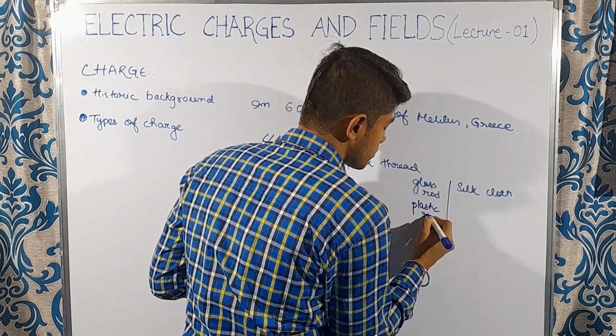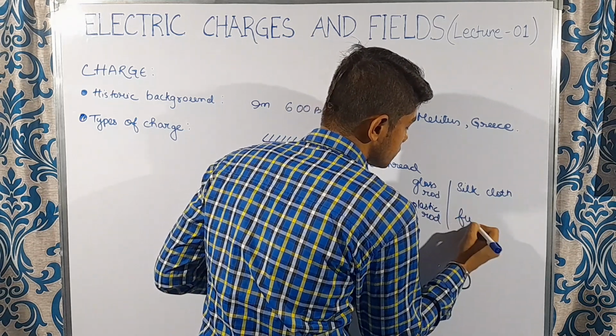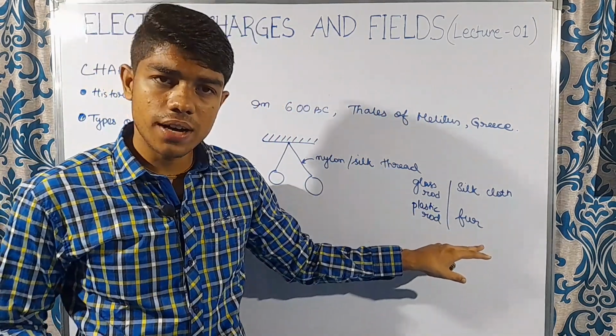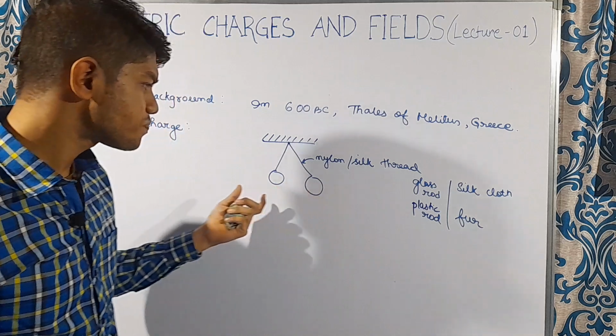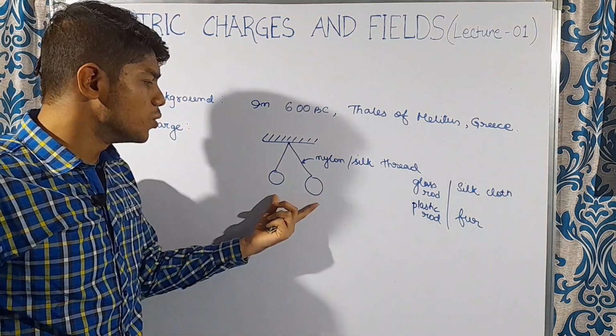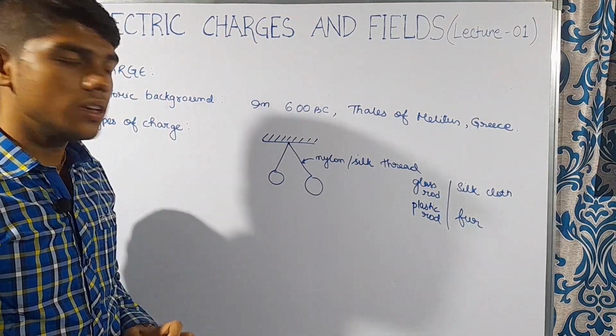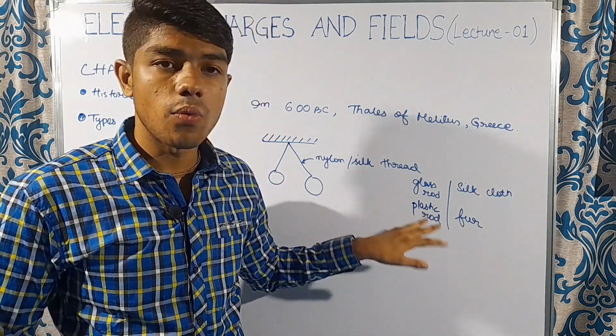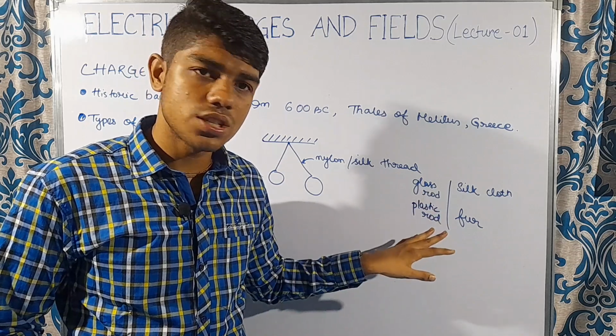plastic rod and fur. Again, you will rub the plastic rod with fur and then bring them in contact with both these pith balls. When you rub the plastic rod with fur, the plastic rod acquires the property called charge.